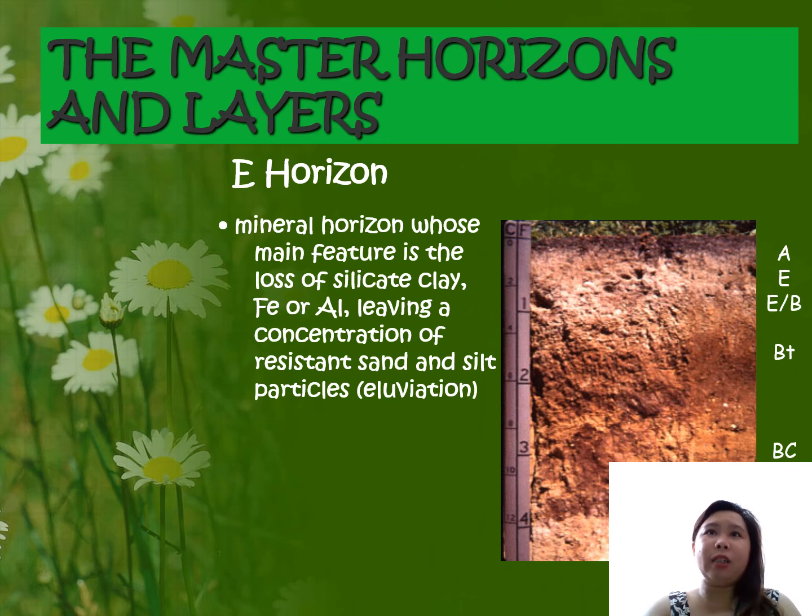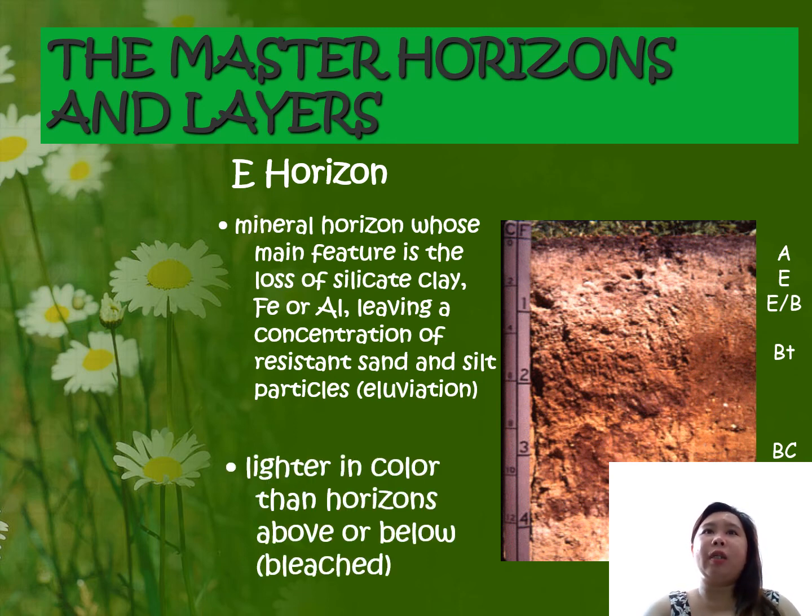That is why it is called E horizon, because this one is the zone of eluviation, wherein there is the loss of silicate clay and iron and aluminum. This horizon is lighter in color than horizons above or below it. Now, this horizon is bleached, as what you can see on the sample profile.